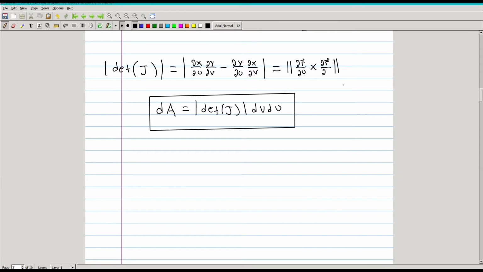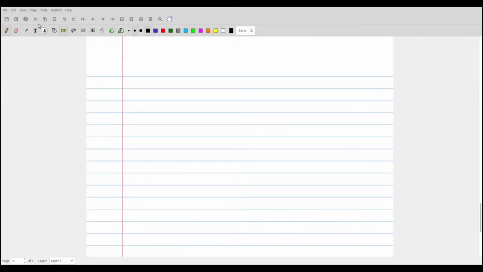But let's go through and apply this formula for our polar coordinate transformation to verify what we did at the very beginning, which was kind of an ad hoc way of getting the Jacobian determinant.